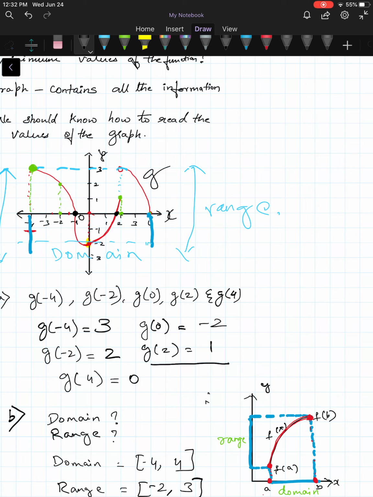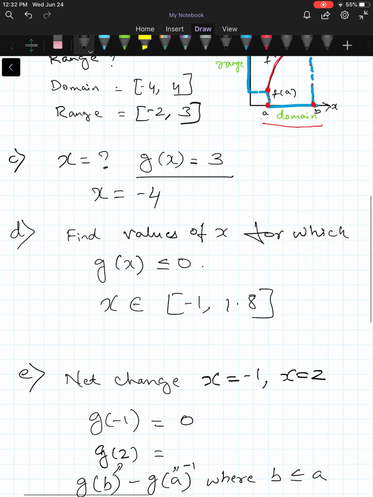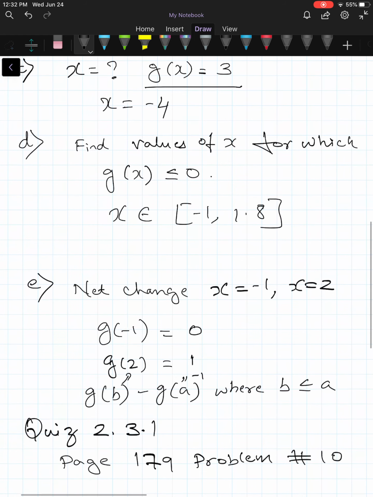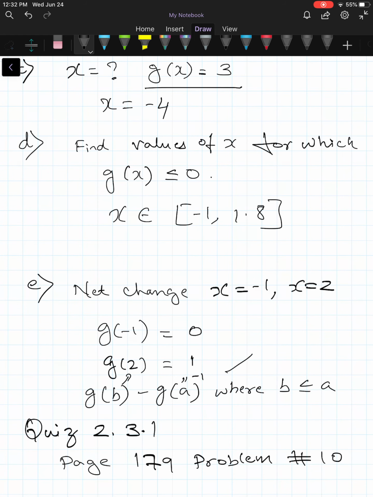We found that out here in A. Now substituting the values in the formula, net change is equal to g of 2 minus g of -1. That is 1 minus 0, that is 1. So that gives our net change.